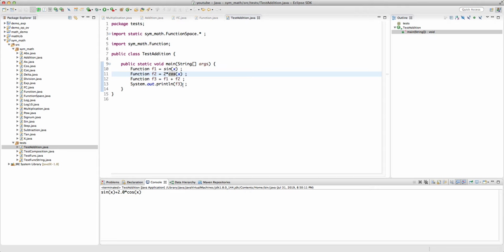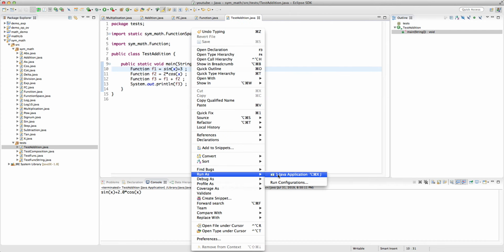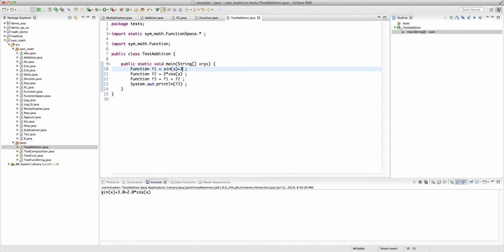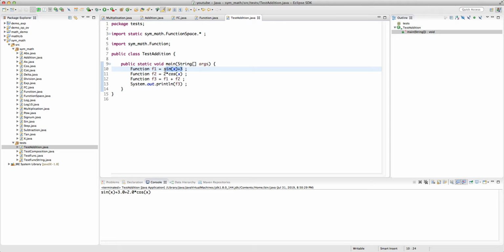And if we have for example sine plus 3 times 2 cosine, so sine plus 3 plus 2 cosine works.